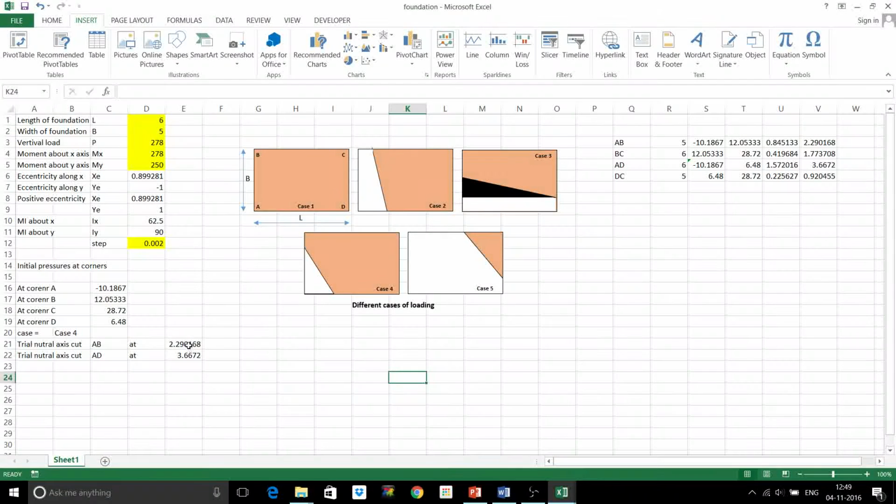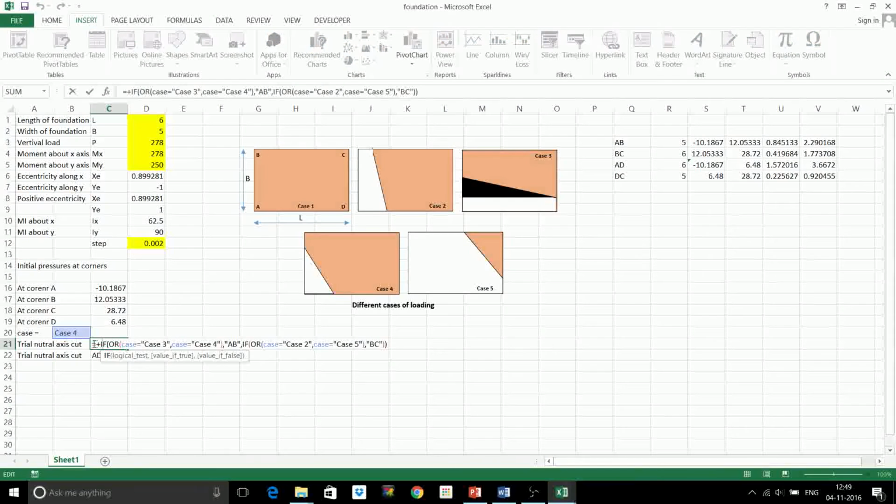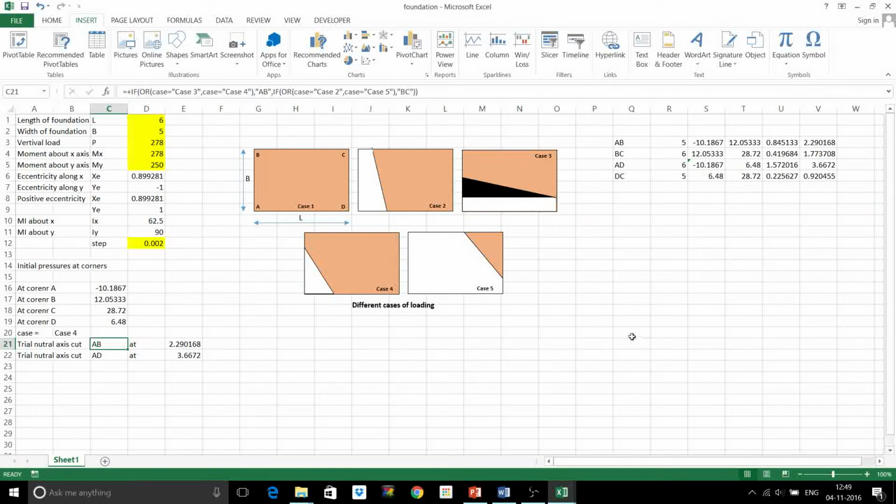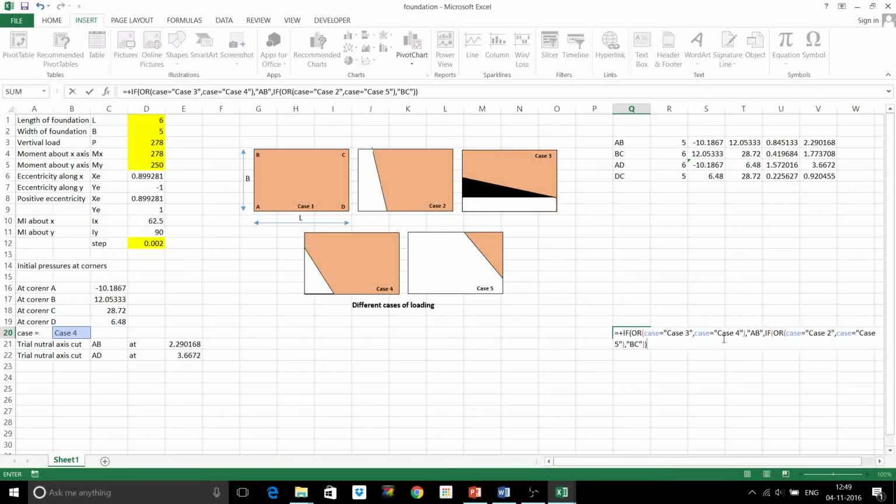Now what I will do, I will convert this intersecting point into coordinate format. That means if I consider this coordinate as 0 0, I will find out coordinate of this point. So here I will copy this formula. If case 3 and 4, x will be 0.